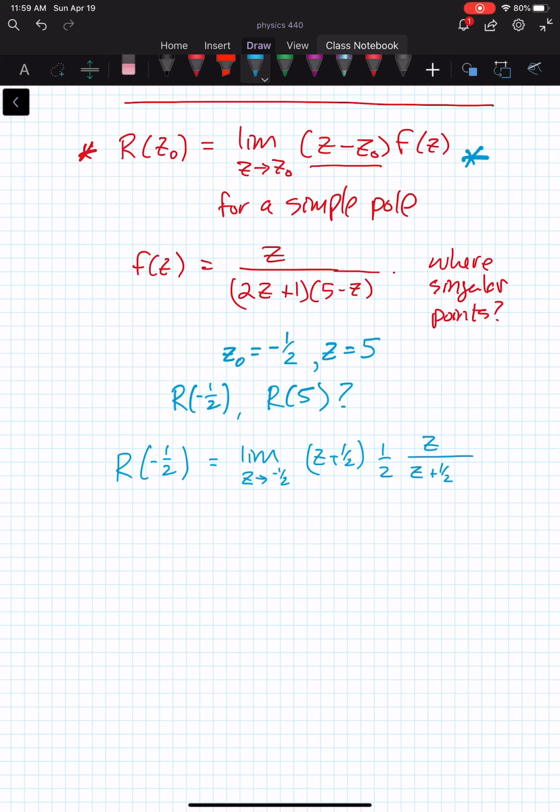Actually, this should be a plus 1/2, sorry. Times 5 minus z. Again, because we've factored out the 2 here.